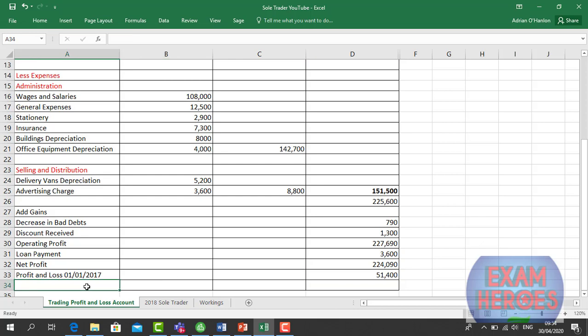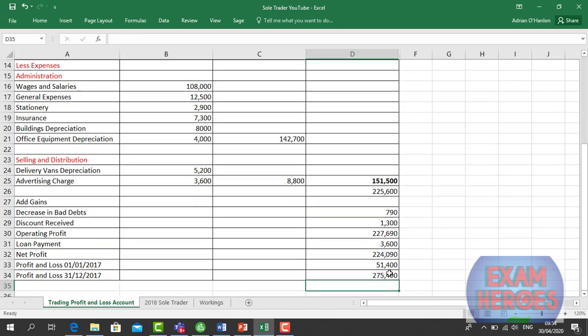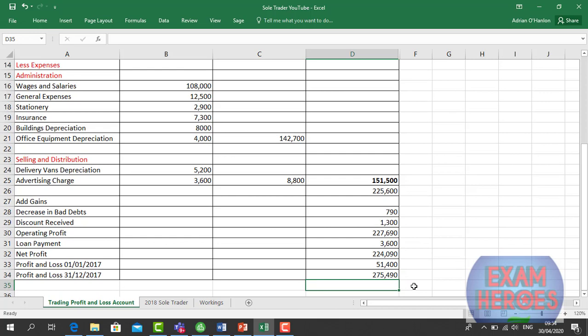So then at the end of the year, if we get this year's net profit and the profit we had at the start of the year, we add those two together, we will get €275,490.